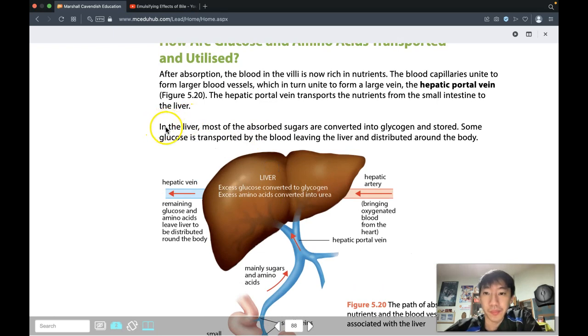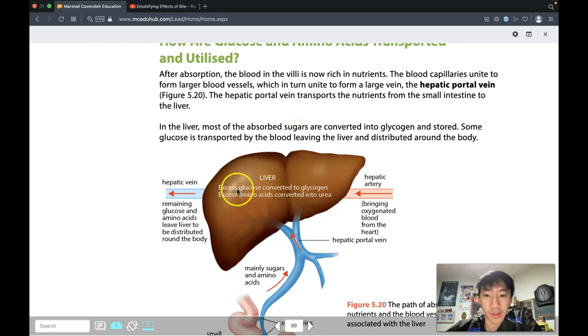Okay, what happens in the liver? In the liver, most of the absorbed sugars are converted into glycogen and stored. Okay, so you remember, we learned about how glycogen is a storage form of glucose in the liver. Right? Some of the glucose can also be stored as glycogen in muscles, but most of it is actually stored in the liver.